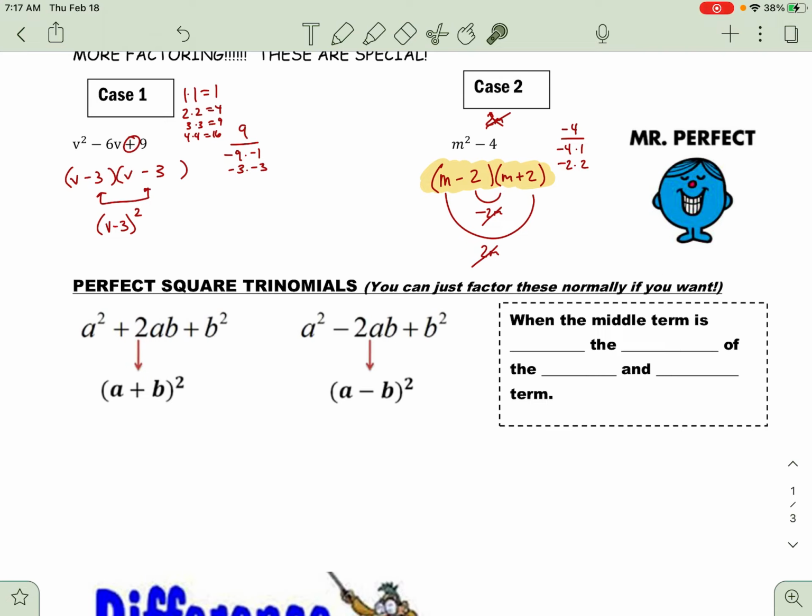But there are perfect square trinomials where if the first term is a perfect square and the last term is a perfect square, then the middle term should be 2 times the first and last term, so twice the product of the first and last term. And then it's just going to be this answer. So that's kind of this example. See? Negative, positive, perfect squares, a minus b squared.